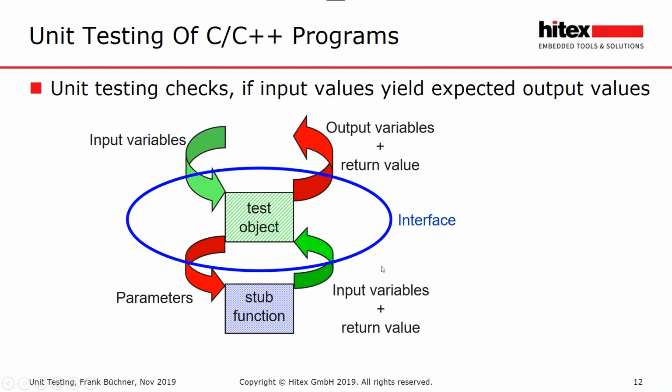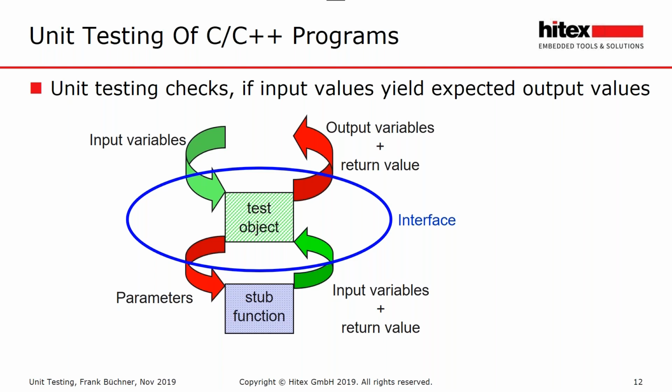This here depicts the interface of the unit under test, our test object. It is divided in two parts. The upper part, I think it's quite clear, consists of the input variables, which means the variables that are read by the test object, and the output variables, which means the variables that are written by the test object. Of course, a variable can be input and output.